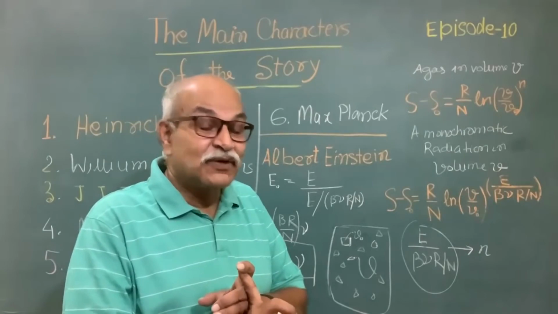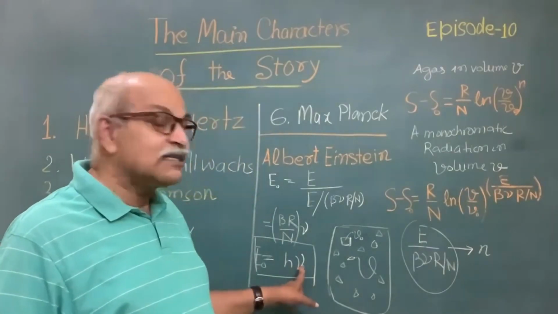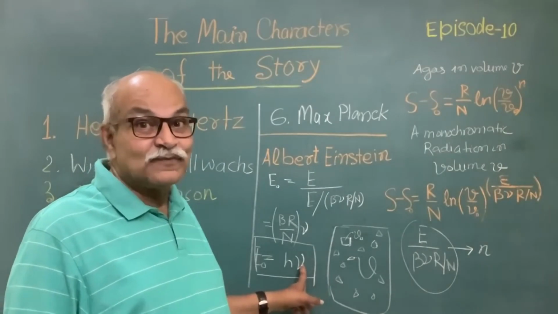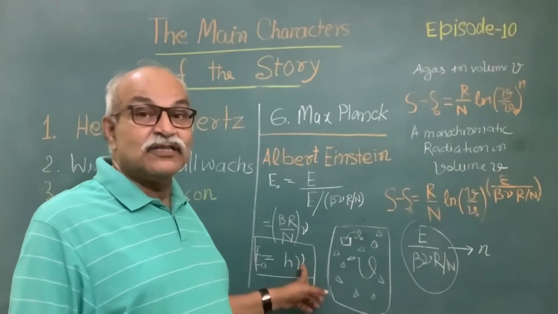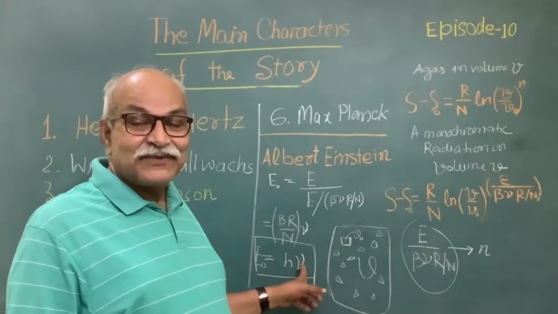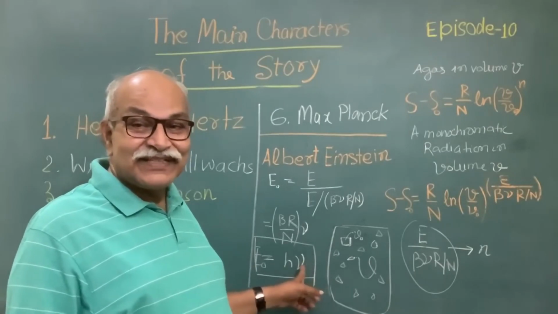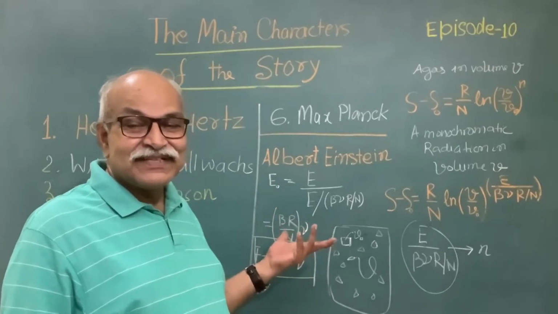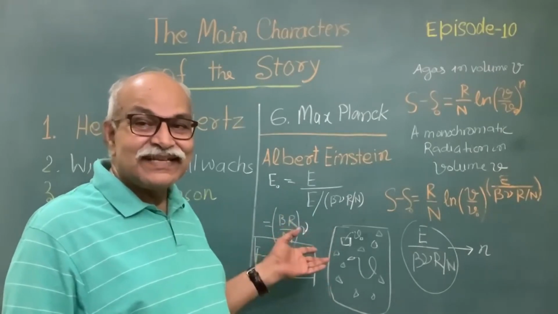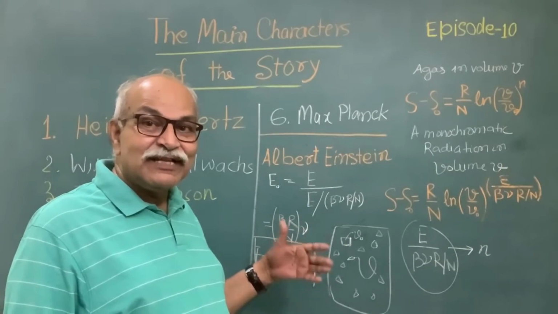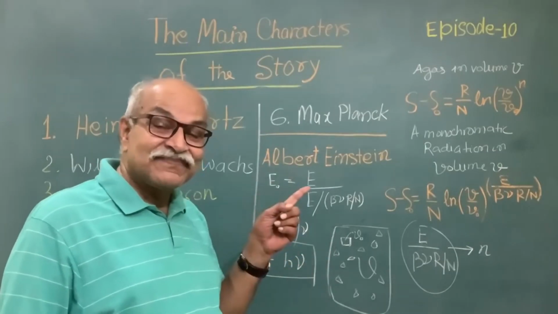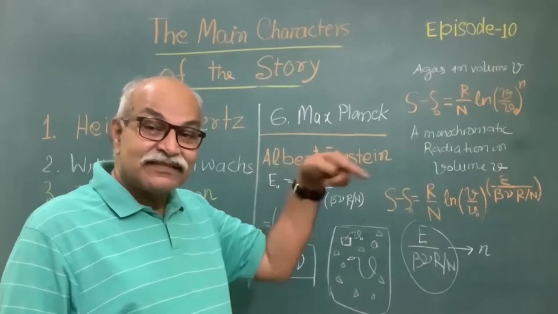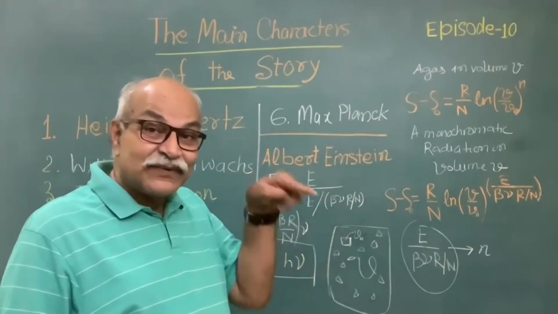Both coexist, because ultimately, what is this nu? This nu is the frequency. Frequency of what? This frequency and this wavelength are related. This wavelength and this frequency are all coming from the wave picture. Interference and diffraction tell me, okay, this is the wavelength, this is the frequency.